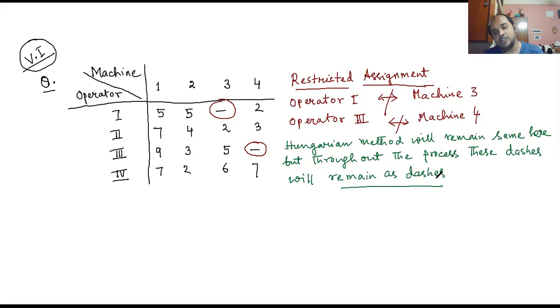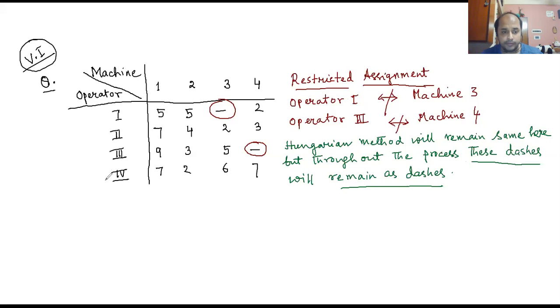There will be no change. These dashes will remain as dashes. You can draw lines over them, and the dashes will be covered by the lines. If a dash comes at an intersection point, then also there will be nothing. So I'm going to write those points.